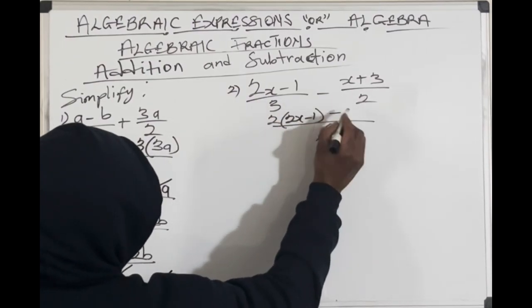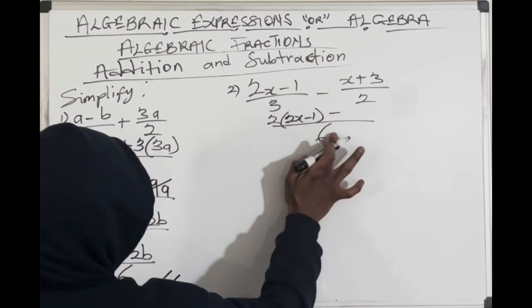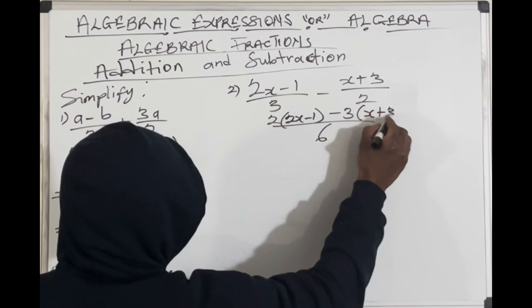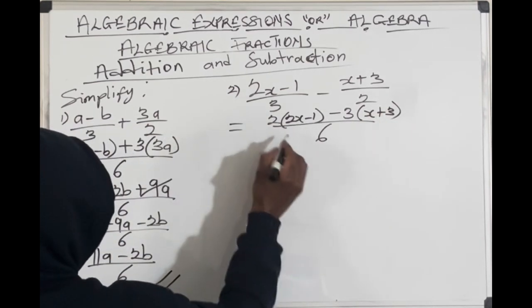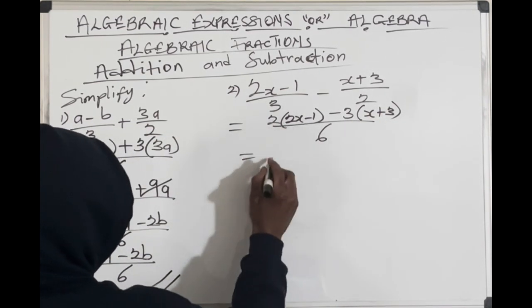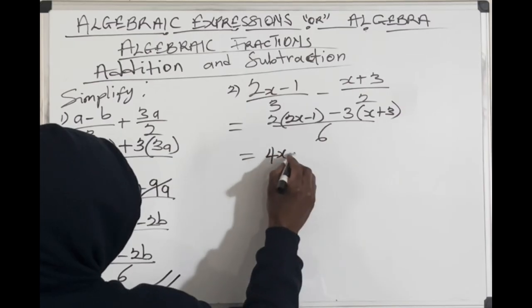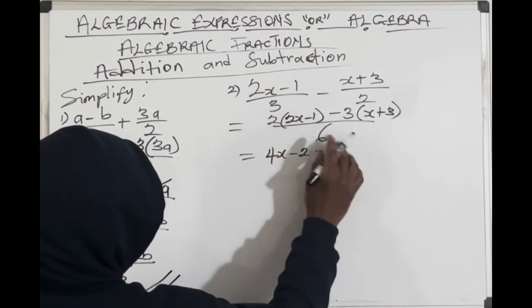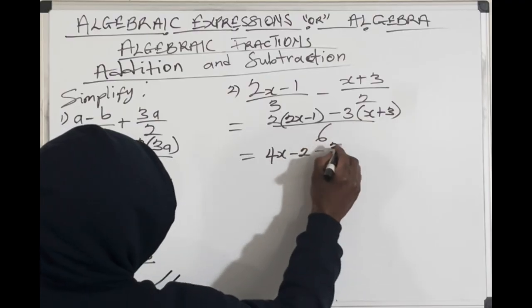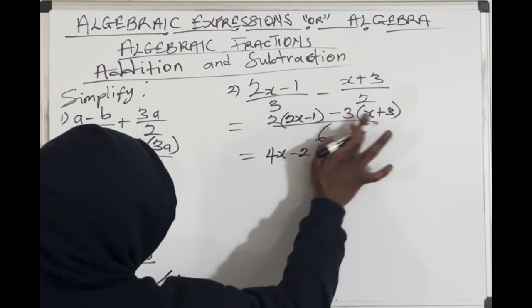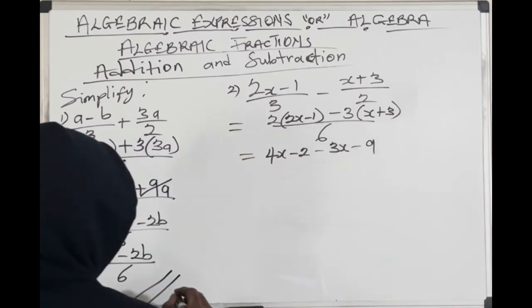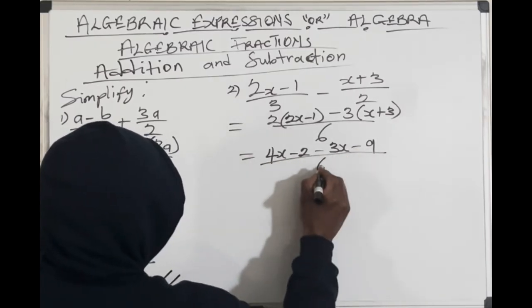Then minus, 2 goes into 6 three times, so we use the same 3 to multiply x plus 3. 2 times 2x is 4x, minus 2 times 1 is 2, minus 3x, negative times positive is negative, so negative 3 times 3 is 9, all over 6.